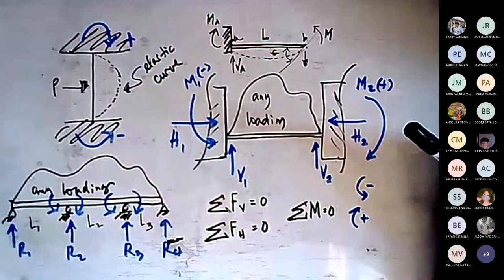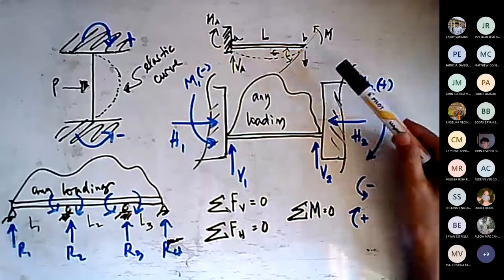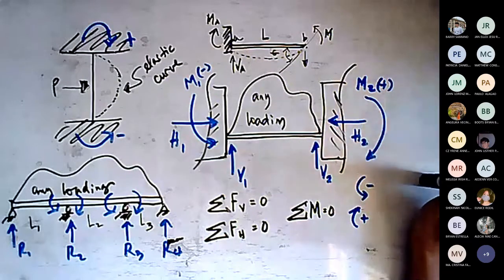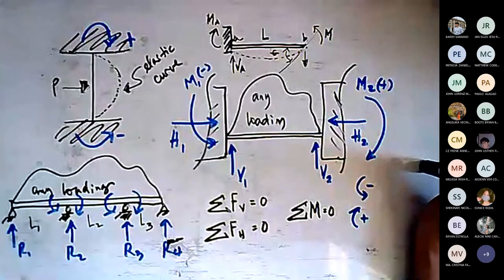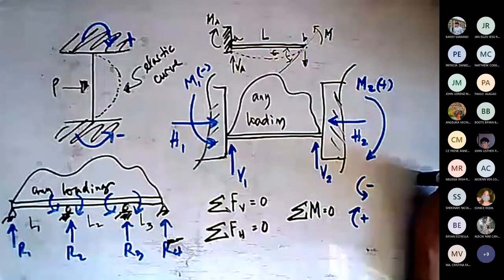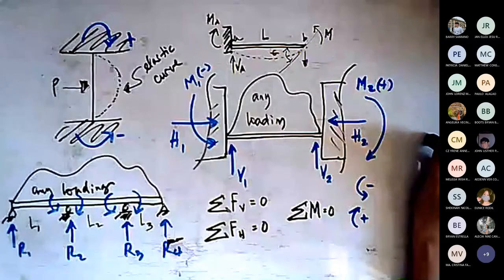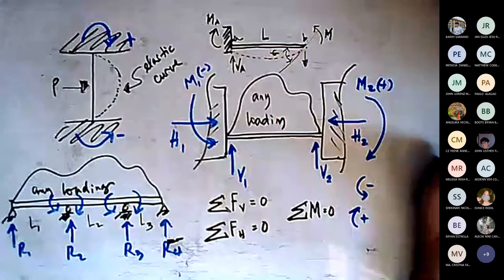The deviation from the tangent drawn at A to point B is simply equal to 1 over EI multiplied by the area of the moment diagram from A to B multiplied by bar X from point B, wherein bar X is the centroidal distance from point B. Okay? So that is the theta that we call the rotational stiffness.